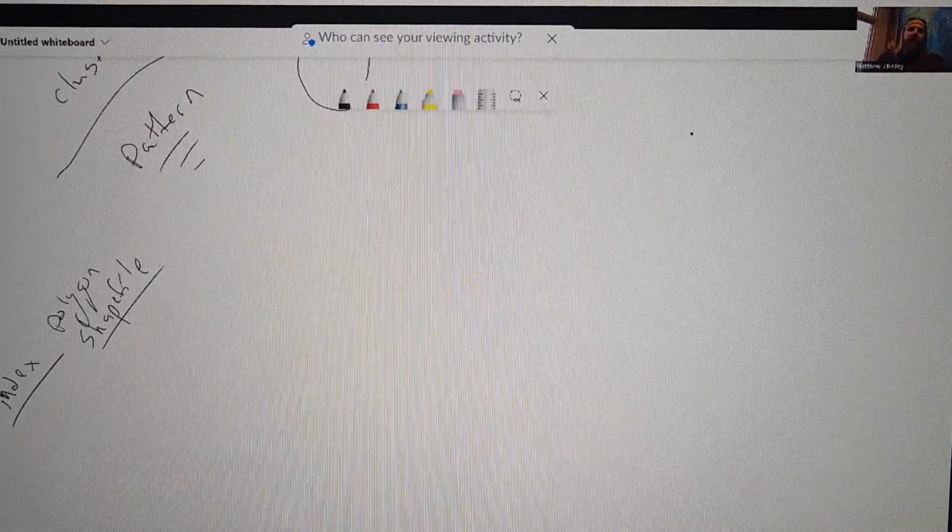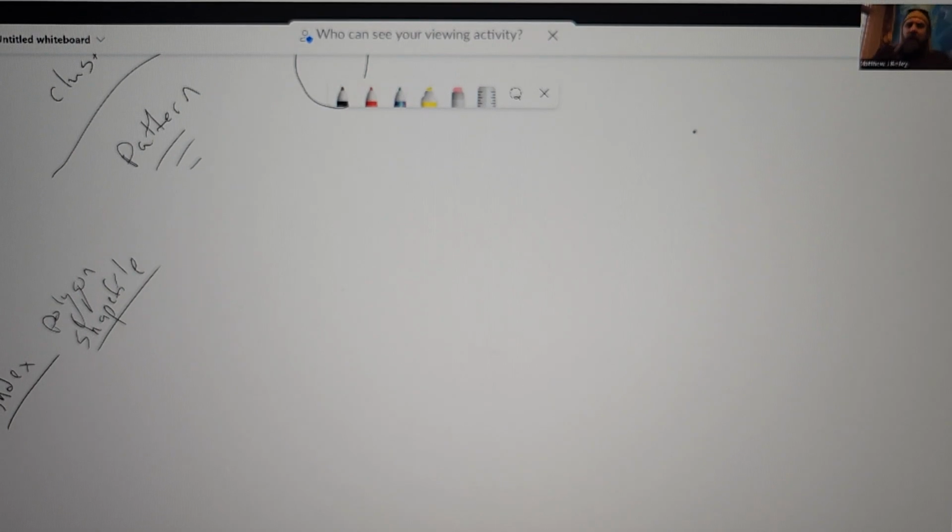So we've got a shapefile that's full of polygons. Because it's the type of data I'm most familiar with, let's call those polygons block groups. Okay, so let's say we're working with census data, and these are block groups.